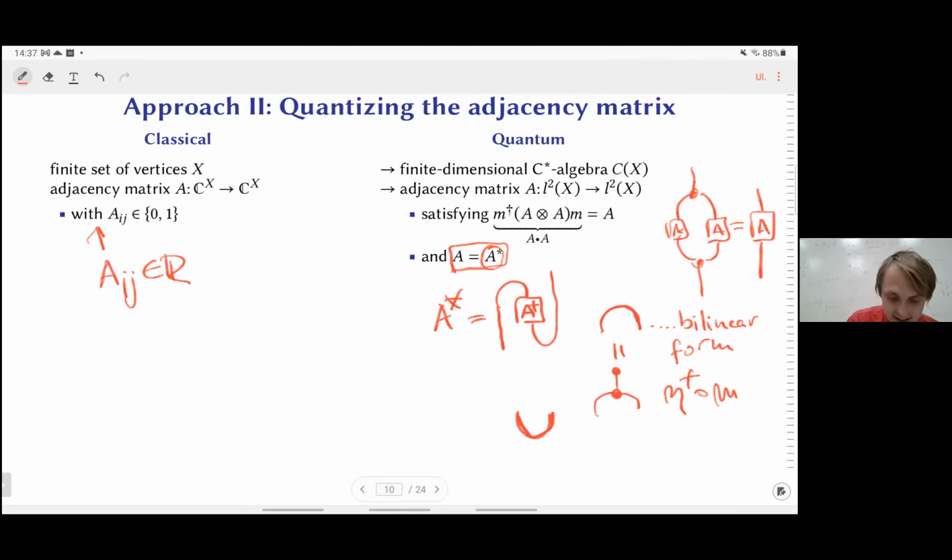And classically, from this condition, it already follows that the entries are zeros and ones, and they are automatically real. But in non-commutative geometry, this does not hold, exactly because there are projections which are not orthogonal projections. So if you want this condition, you have to assume it extra.